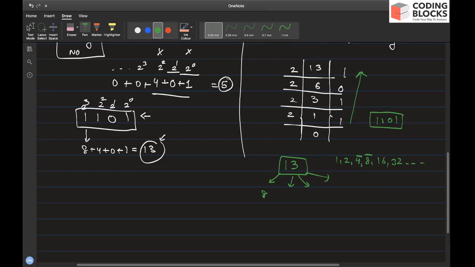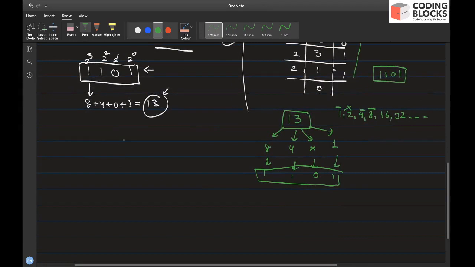What is the next power I can use? I can use 4. 8 plus 4 is 12, so you're left with 1. So you will not consider 2, you will consider 1. We skip the 2 and consider 1. So this digit becomes 1, this becomes 1, this digit becomes 0, this becomes 1. This is another way you can convert a number into its binary format.